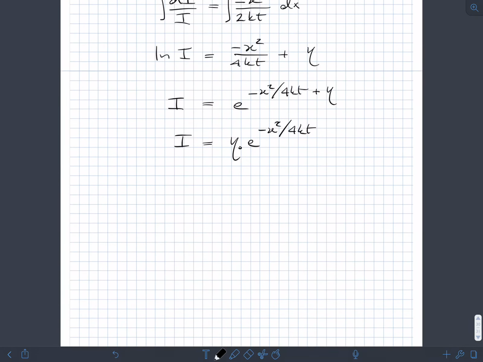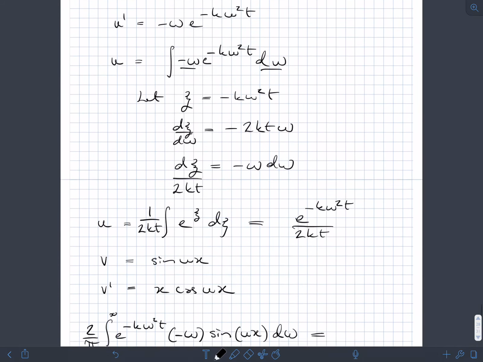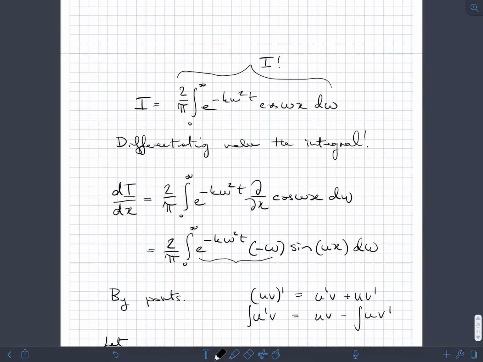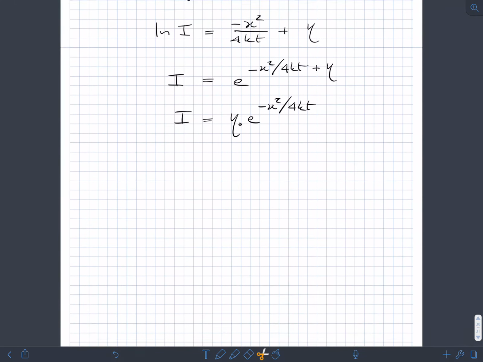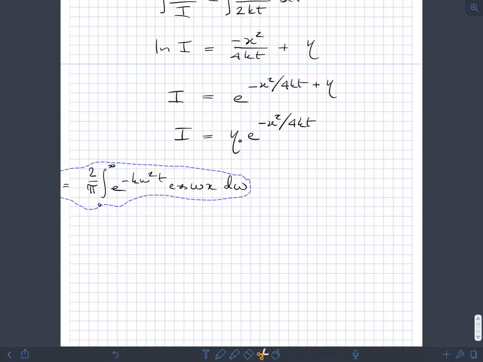Now we have to calculate eta naught. So eta naught is the value when x is equal to 0 for the Gaussian. So we have to go back to our old integral up here, and remember these guys are equivalent. So what we really want to do is set x to be equal to 0 in this integral, and that will give us eta naught.